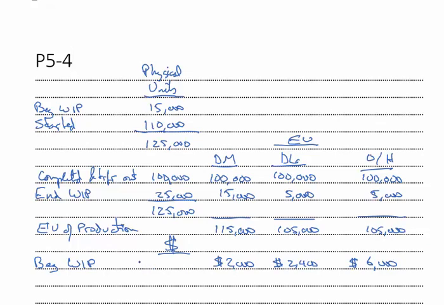Add that up and I get 10,400. And then we've got costs added in the month: materials 160, labor 24, and 70 for overhead.